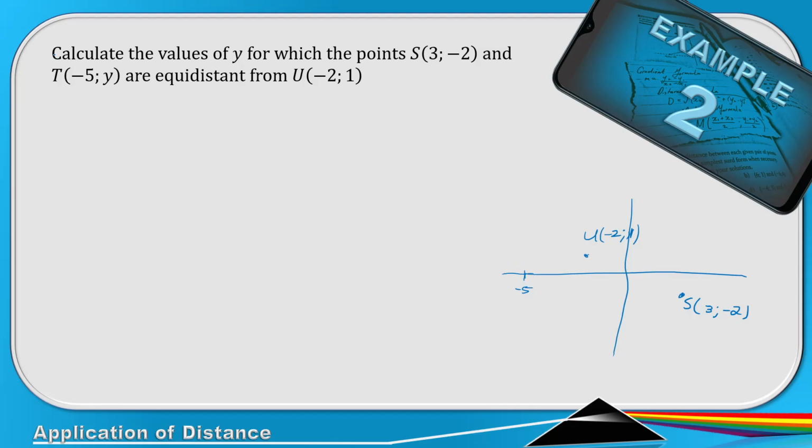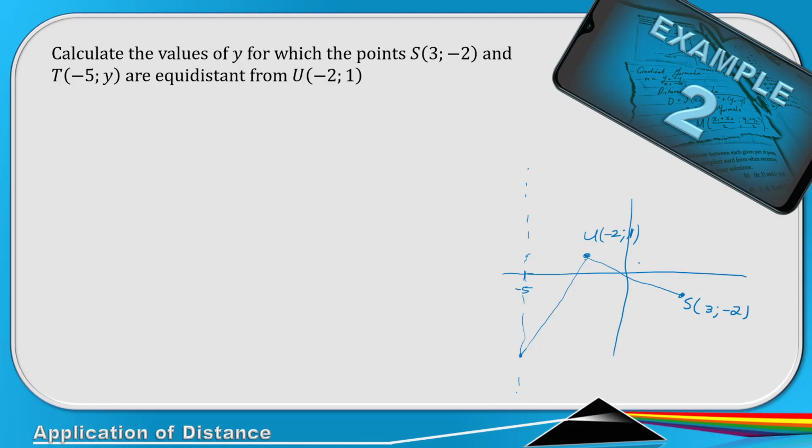This is the x value, which means it lies somewhere on that dotted line. But the only condition is that the point must have the same distance. So for example, it can't lie there because we can see that these distances aren't the same. Obviously we need to do the calculations for that.